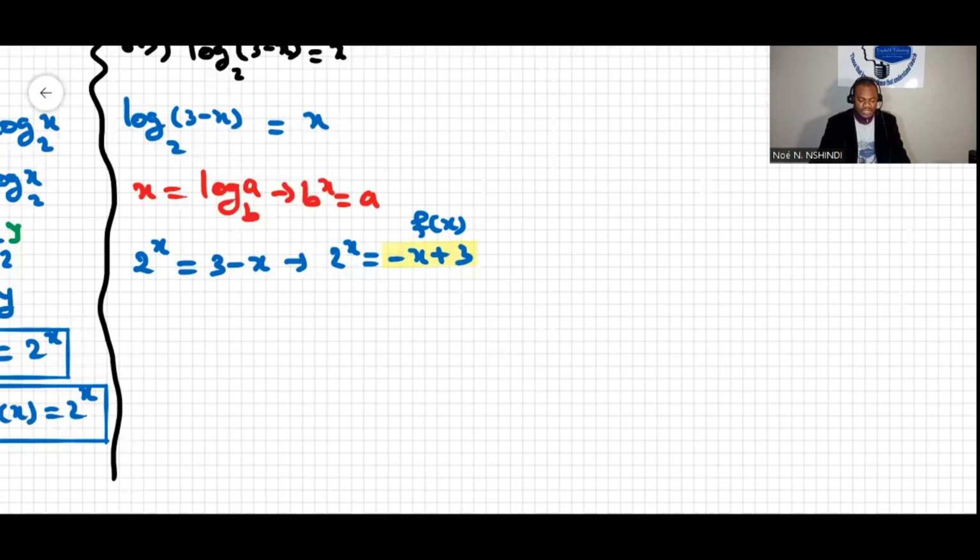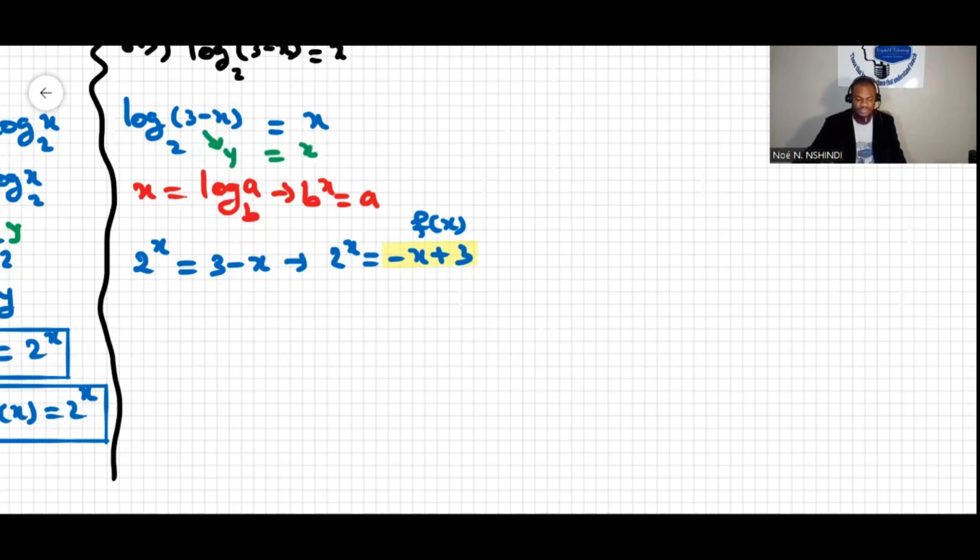About the inverse function, we know that the inverse function is the reflection of a function about the line y equal x.